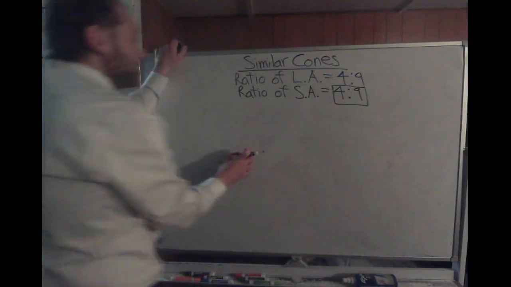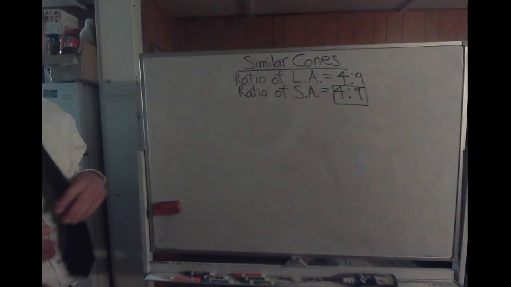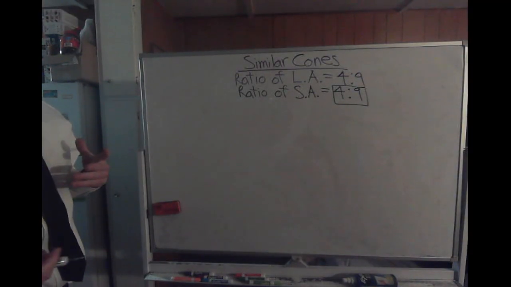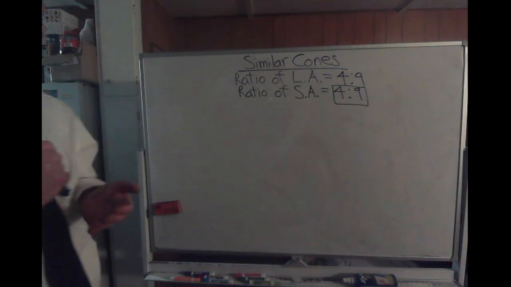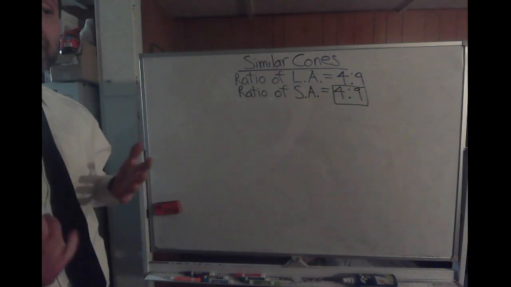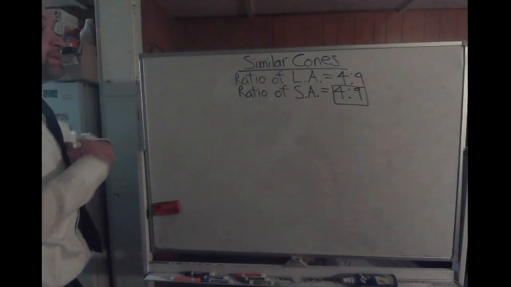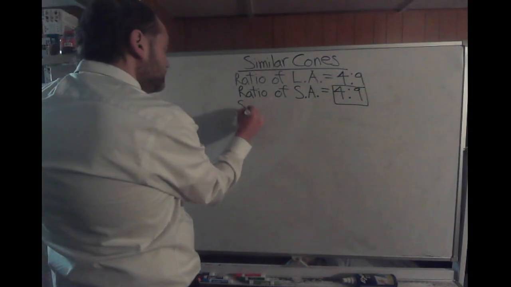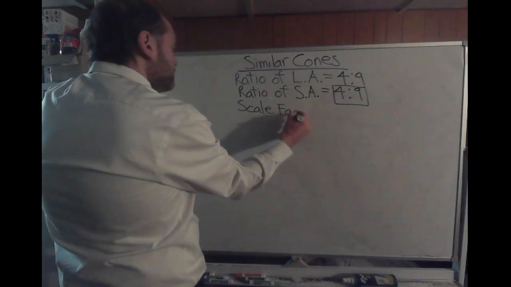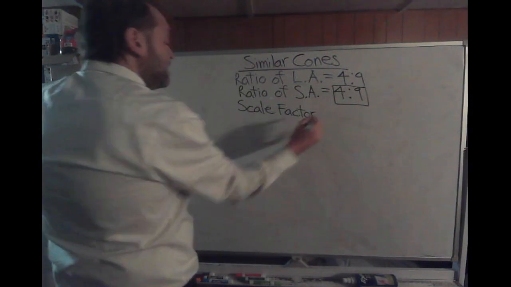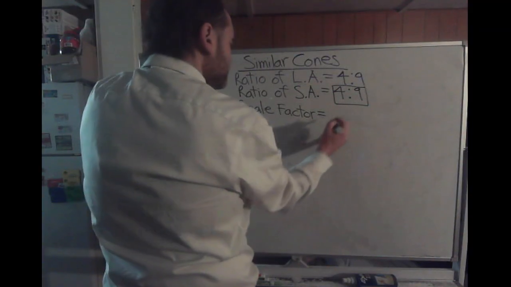Now from there, we don't have a prayer of finding anything else until we find our scale factor. So let's look at it this way. If the ratios of area are each part of the scale factor squared, that means the scale factor itself would have to equal the square root of each part of the ratio of the areas.